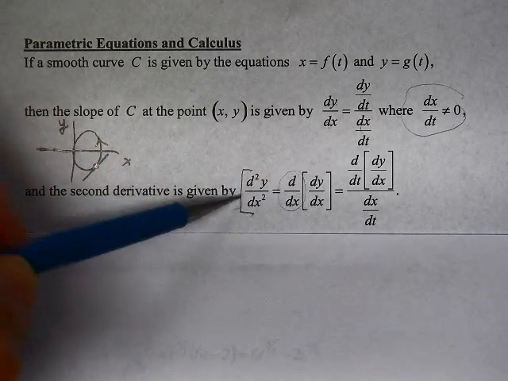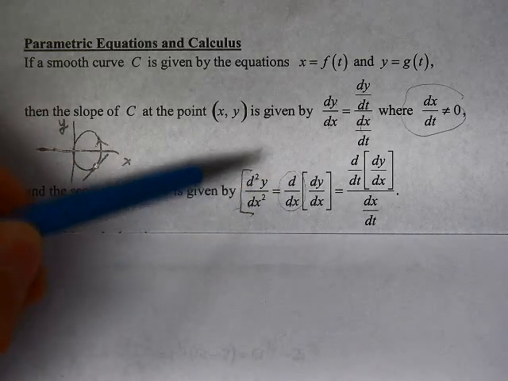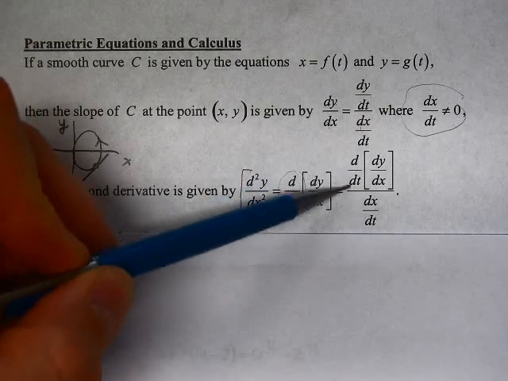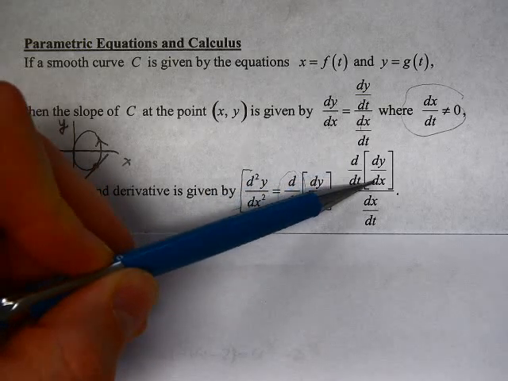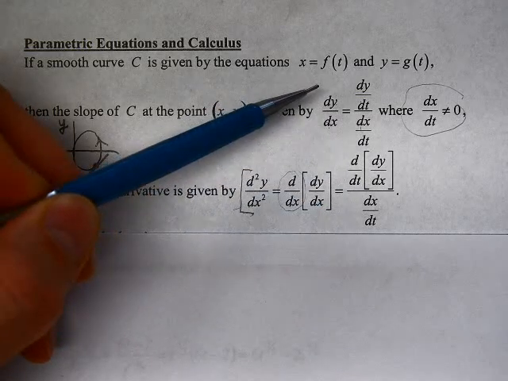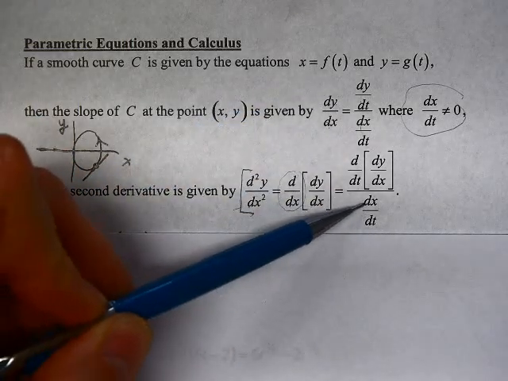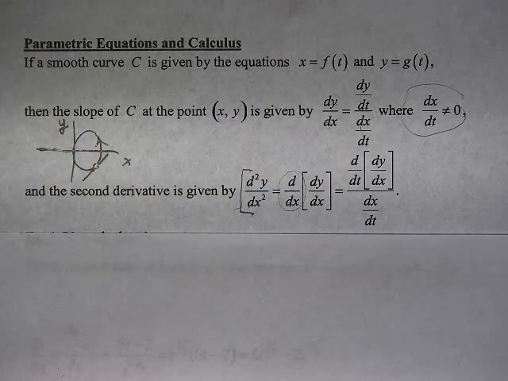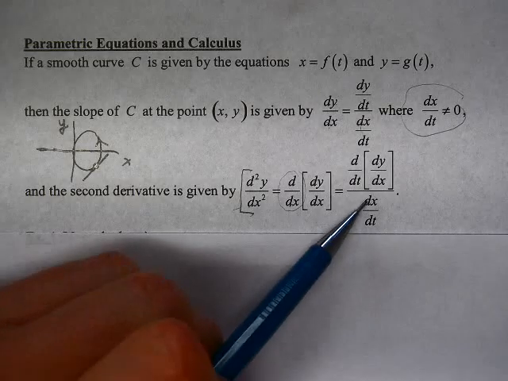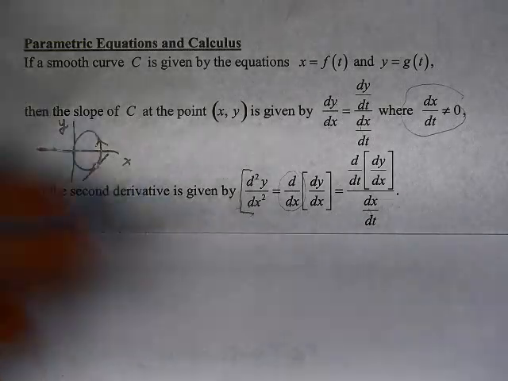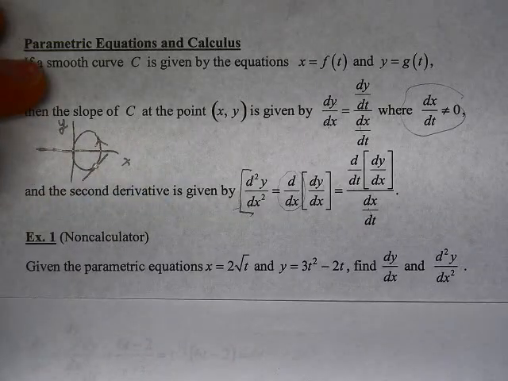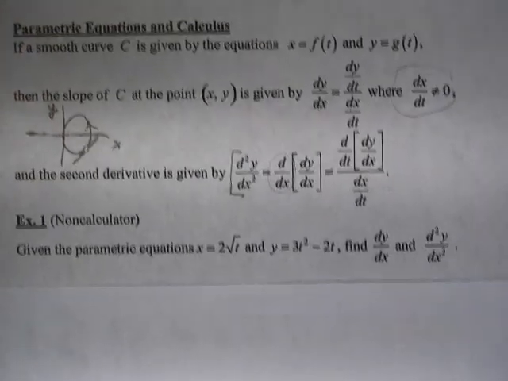So the second derivative of y with respect to x is the derivative with respect to t of dy dx divided by the derivative of x with respect to t, so dx dt.